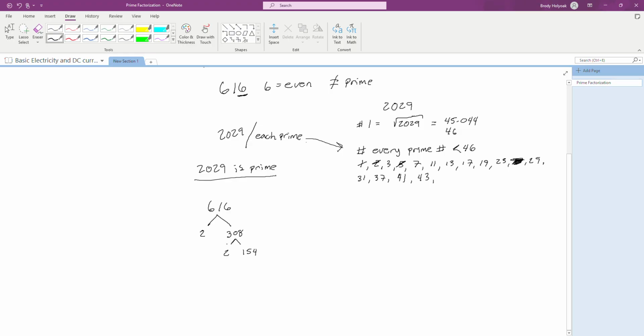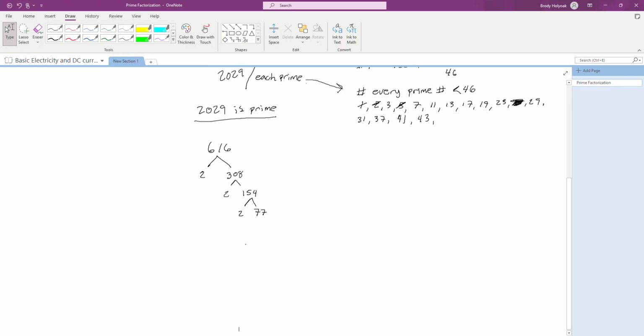Same process. 154 is even, so I know right off the bat we can pull a 2 out of it. So 154 divided by 2 breaks me down into 2 times 77 to get back to that 154 value.